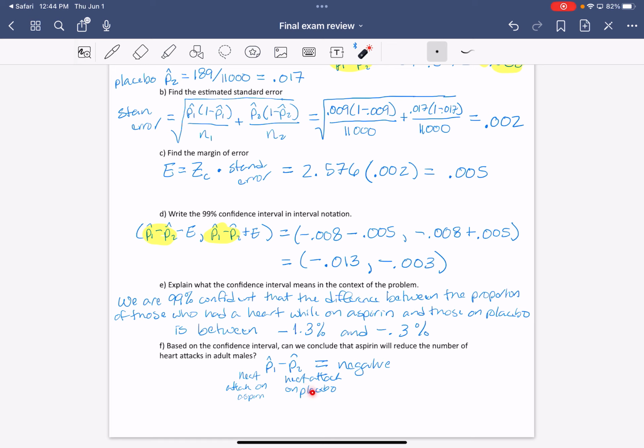That's the only way to get a negative result, because if those on aspirin had a heart attack more, there would be a positive result. Exactly. So, can we conclude that aspirin will reduce the number of heart attacks? Yes, since the confidence interval is only negative. That's the answer? Mm-hmm.